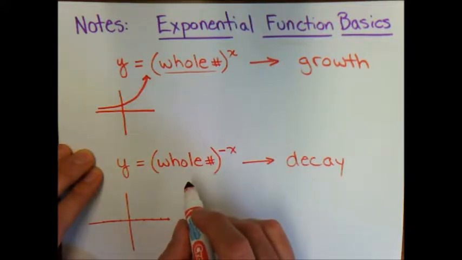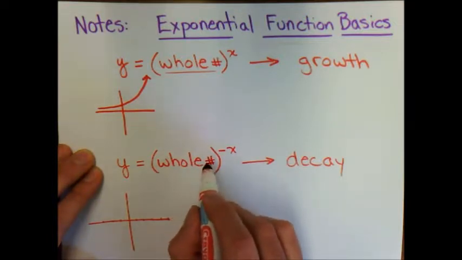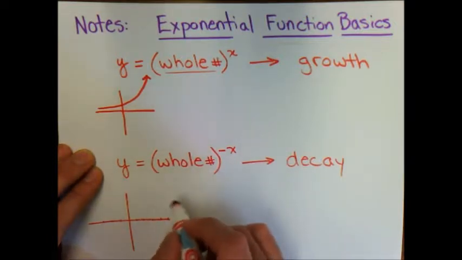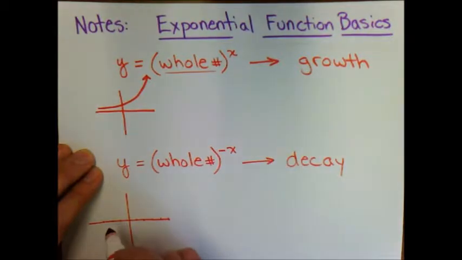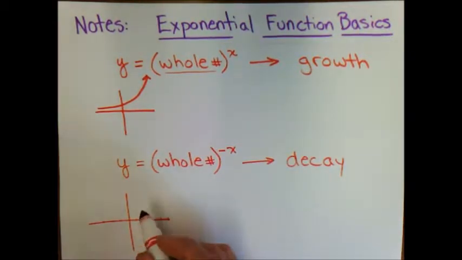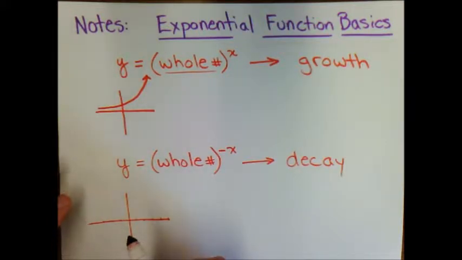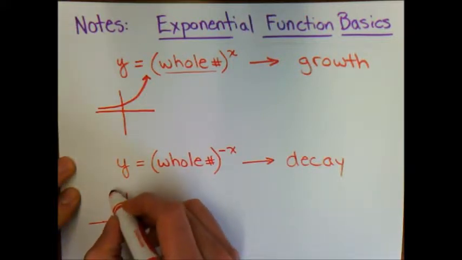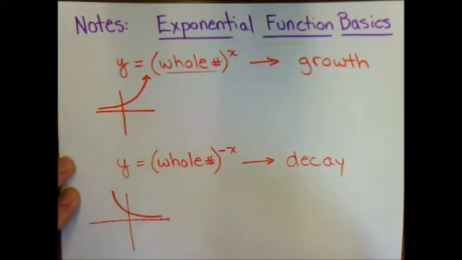This is going to be the reciprocal. We're going to have the whole number squared in the denominator. So what's going to happen here is we're actually going to get smaller and smaller. It's going to be a decay model. So here we go. Decay.